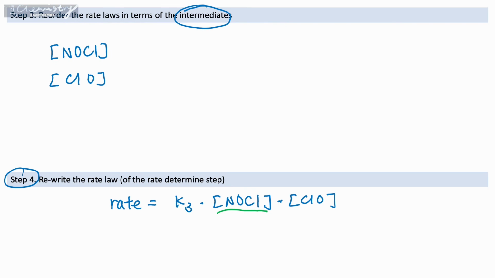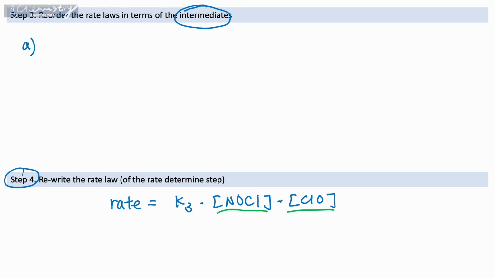So these two are the intermediates that are in the K3, the rate determining step reaction. That's why our goal is basically to try to figure out how we can rewrite these two out of the four intermediates that we have. So with that set as our goal, let's look at the first two, because we're using the third one as the rate determining step.